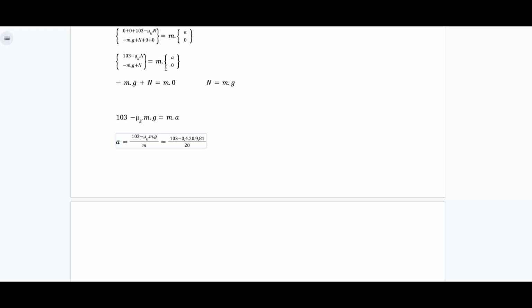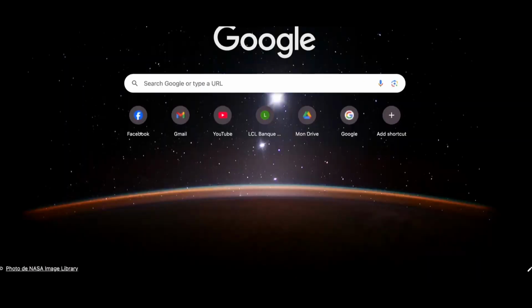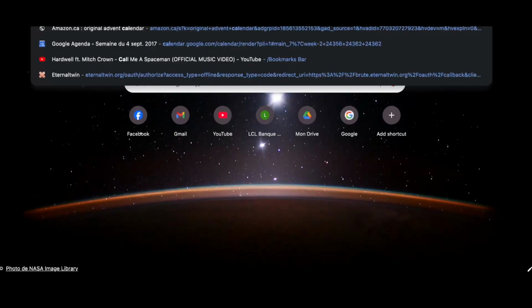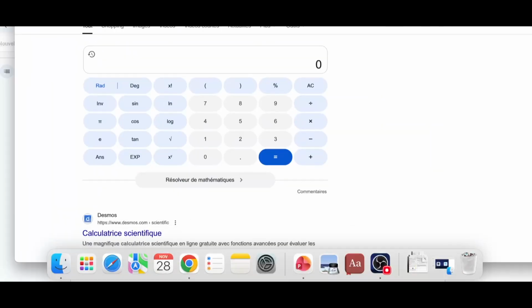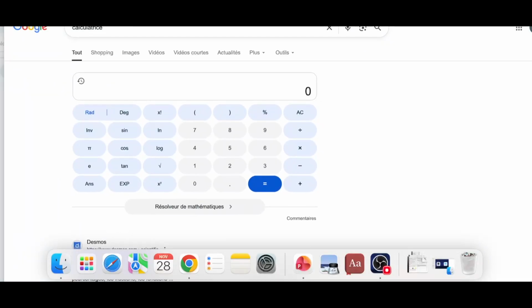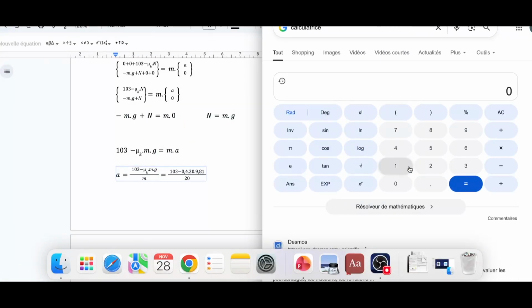I just have to calculate this, so I'm just quickly going to open the calculator, split my screens. 103 minus 0.4 times 20 times 9.81 divided by 20.